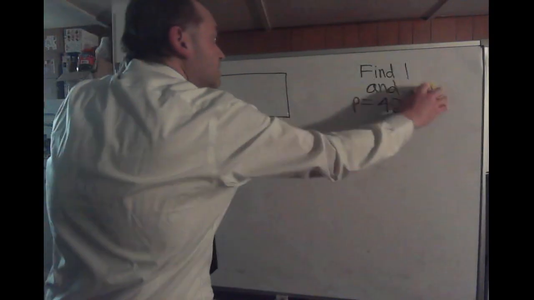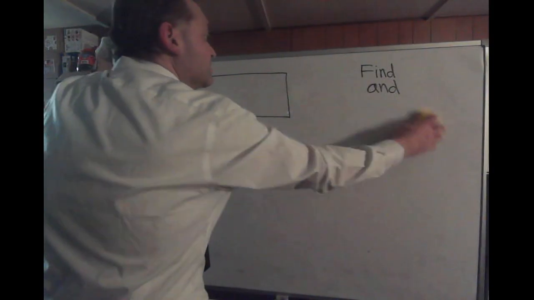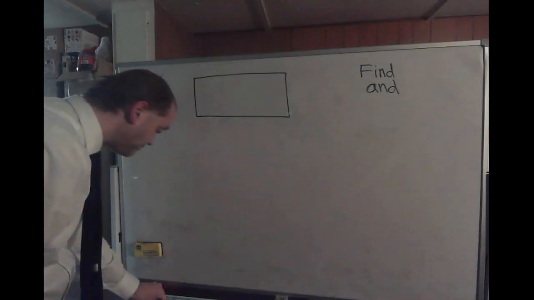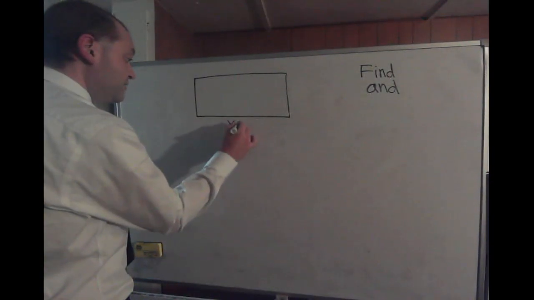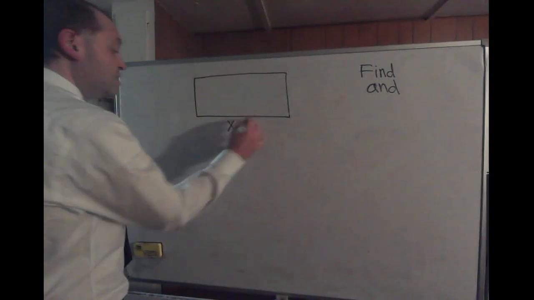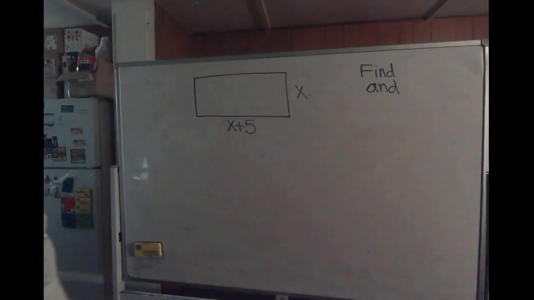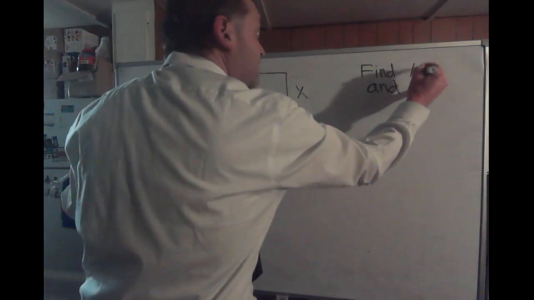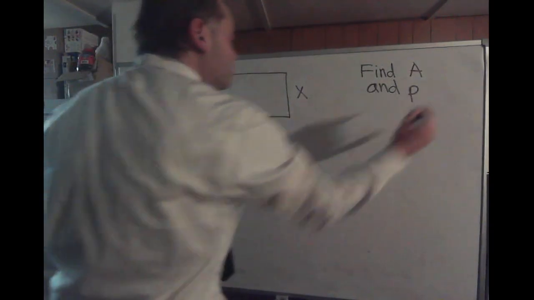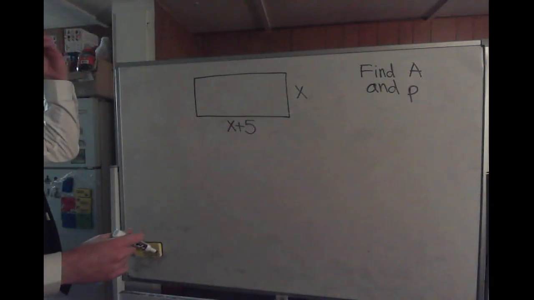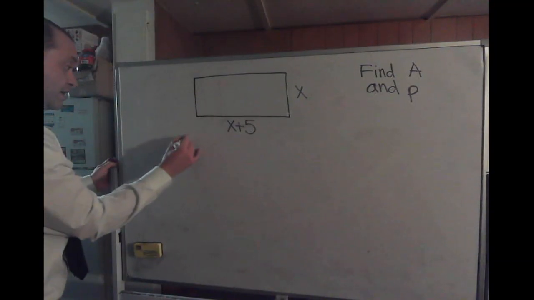All right. Let's see what they give us this time. You have a base length of x plus 5. You have a height of x. We need to find the area and the perimeter. So we have a little bit of algebra. Let's start with the area.